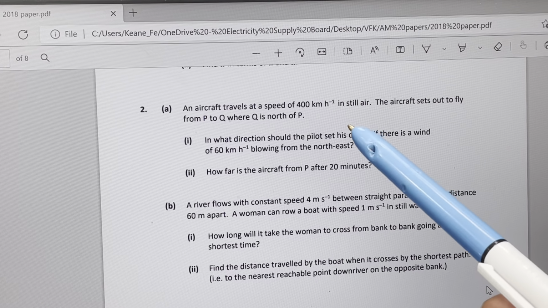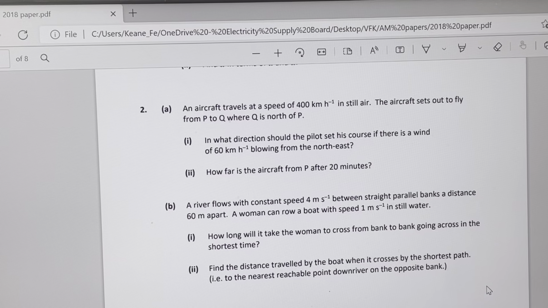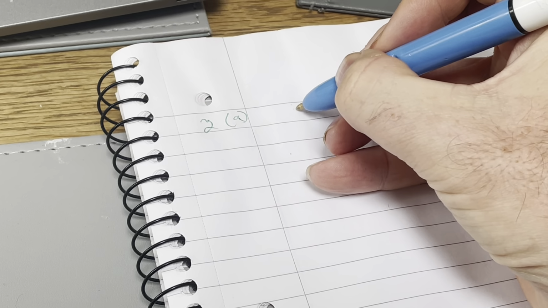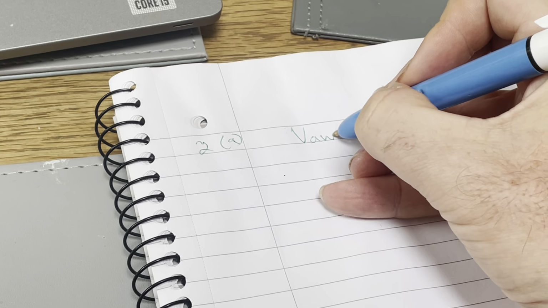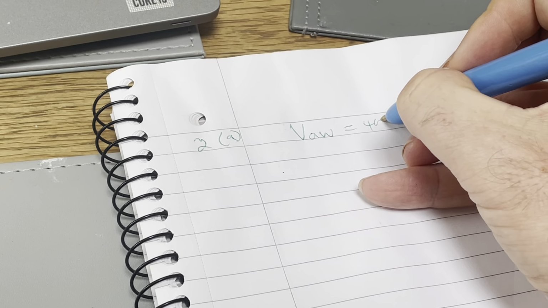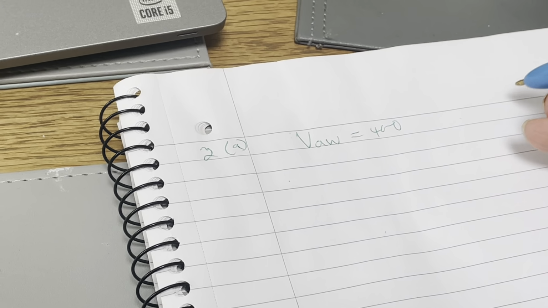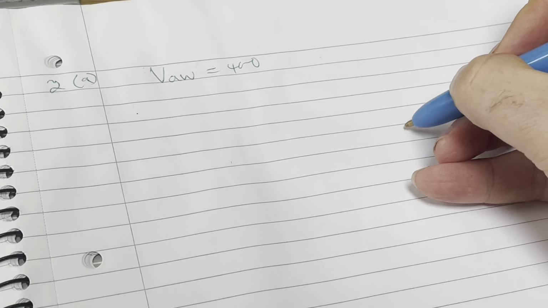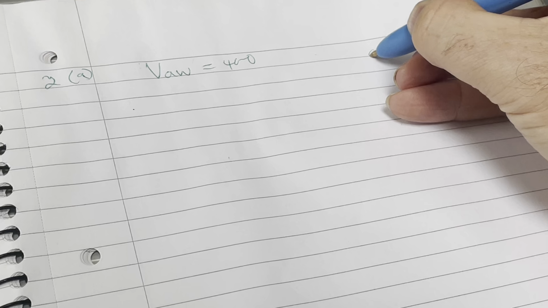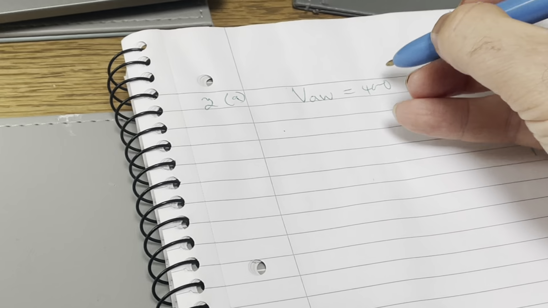So, okay, this one, part A: the aircraft travels at a speed in still air, so the velocity of the aircraft relative to the wind is 400. Q is north of P. So Q is somewhere up here, P is there.